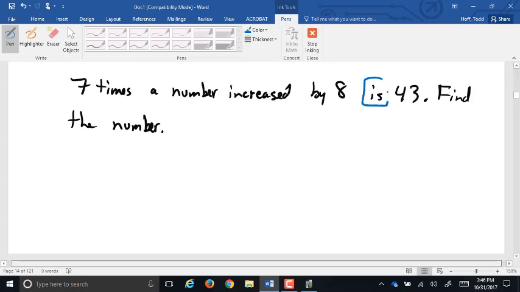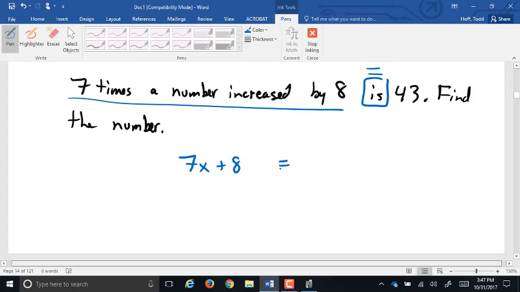Remember, whenever we see the word is, that generally corresponds to the equals sign. So let's look in front of it. 7 times the number increased by 8. How would I express that? There we go, 7x plus 8. Is my equals, so is 43.